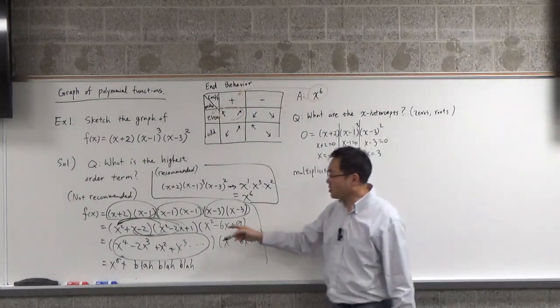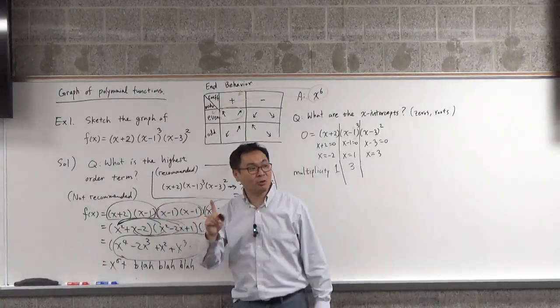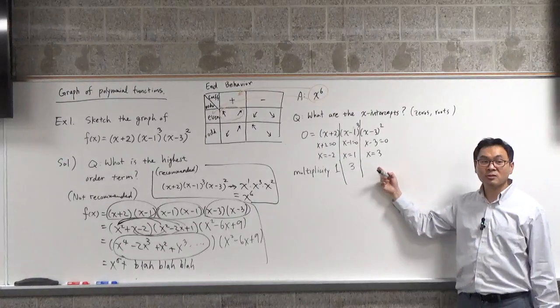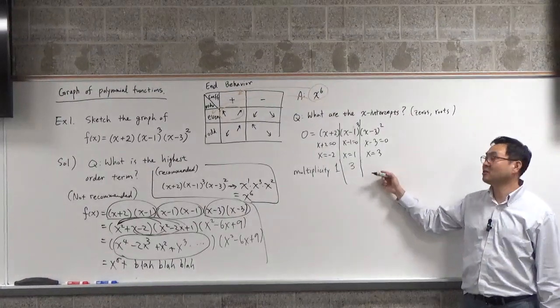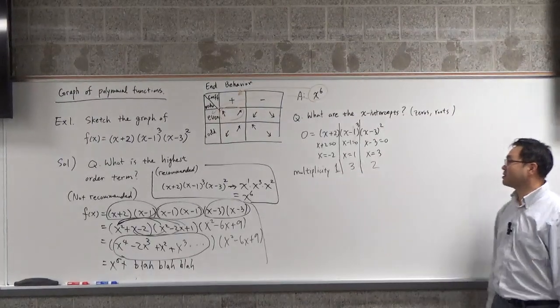Because you see x minus 1 is repeated 3 times. So it's a 0 that appears 3 times. What's the multiplicity of this one? 2. Right.